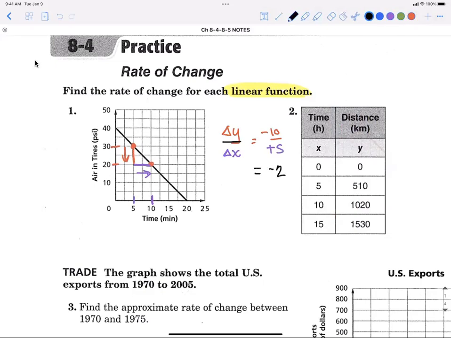All right, and since it's constant, every time we drop 10, which is from 20 to 10, we run 5. We drop 10, we run 5. It is a constant rate of change because it is a linear function.